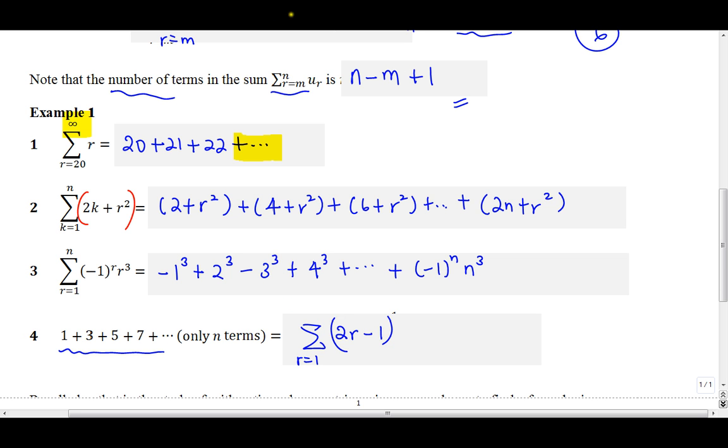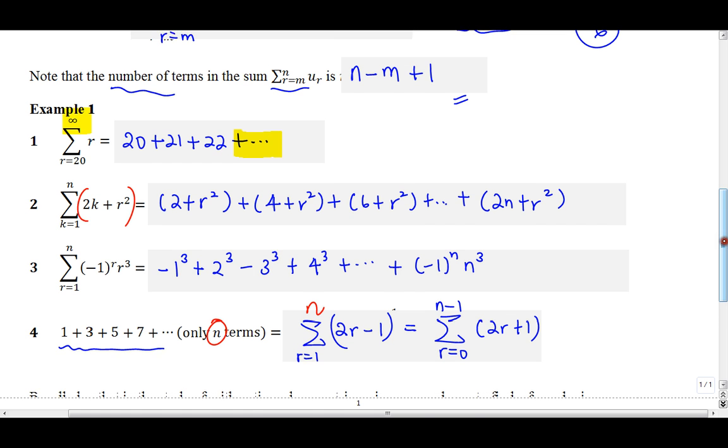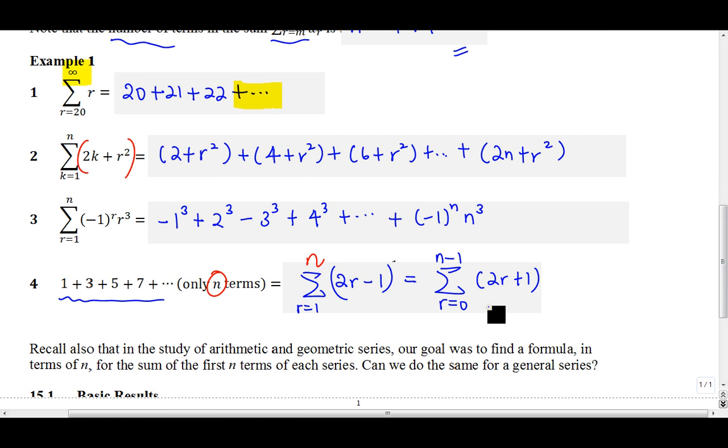Because there are n terms, it should be 2n minus 1. Now, it's not difficult to note that there are more than one answer. Can it be 2r plus 1? I think we can. It's r equals 0, and it's the same. Alright? Don't believe, you try.